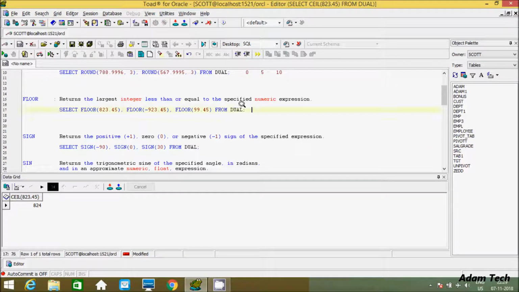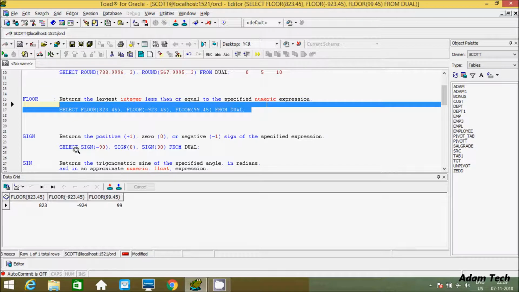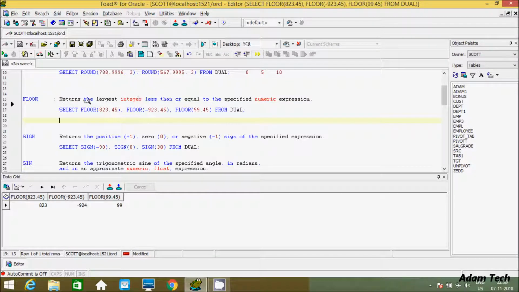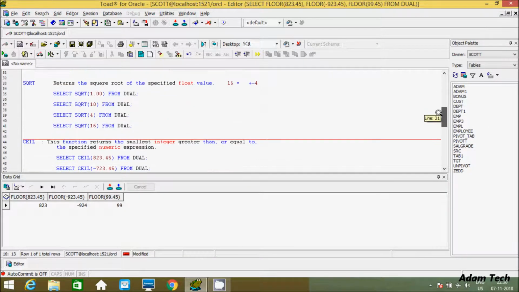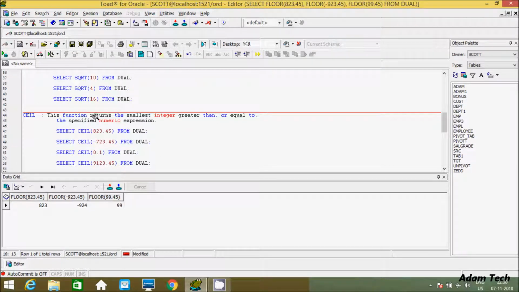If you use floor and execute this with 823.45, it displays 823, because floor returns the largest integer less than or equal to the value. But the ceil function returns the smallest integer greater than the value, so 824 here. Now let's execute and check. See, 824 is displayed.